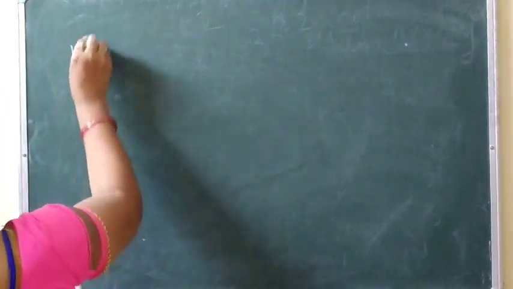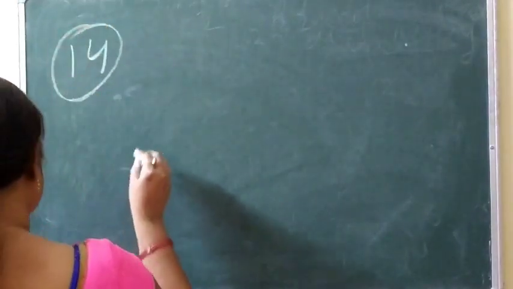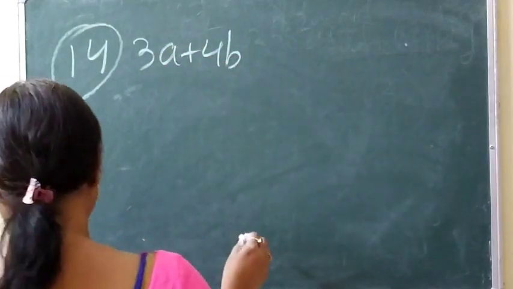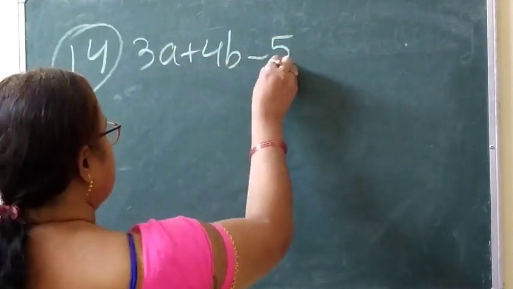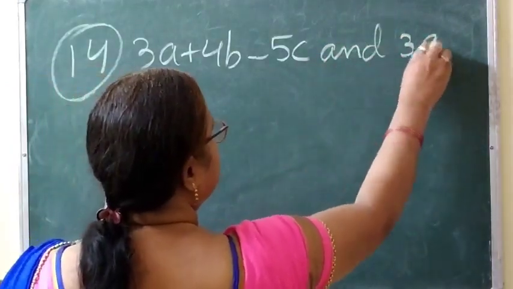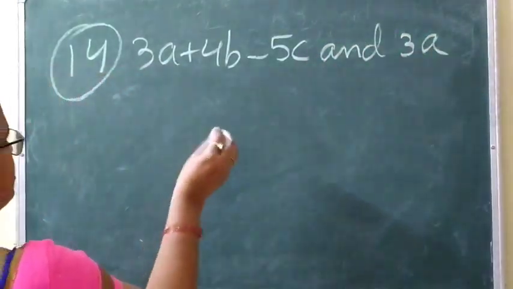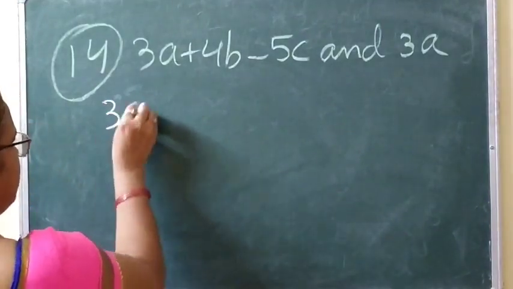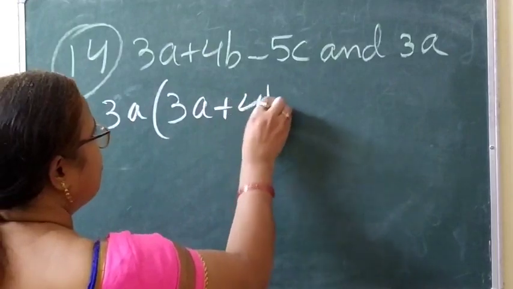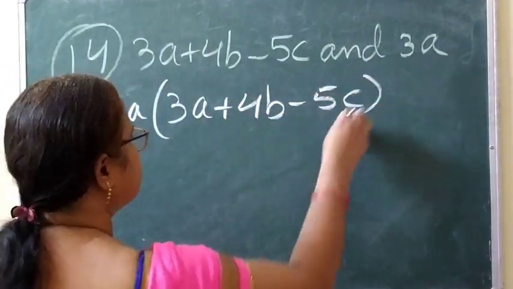Question number 14. 3a plus 4b minus 5c and 3a. Okay. So first what we will write? 3a, and then inside the bracket we will write 3a plus 4b minus 5c.